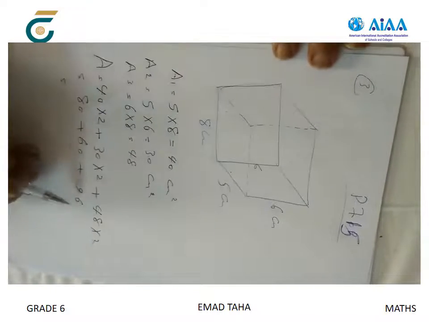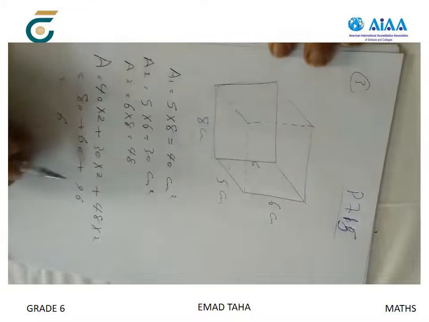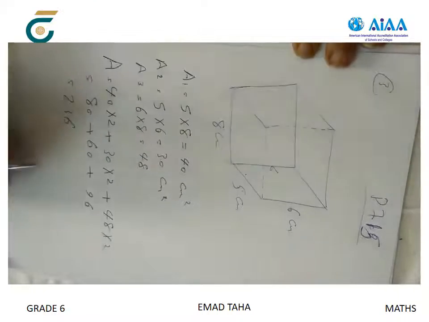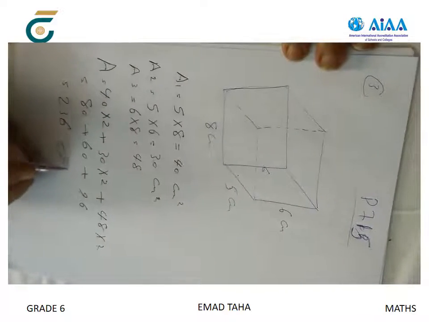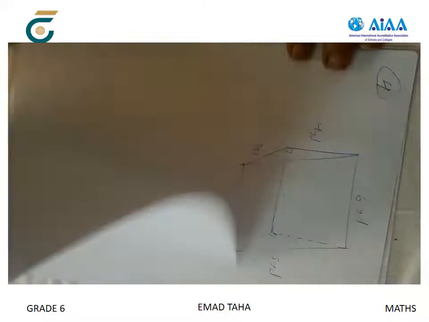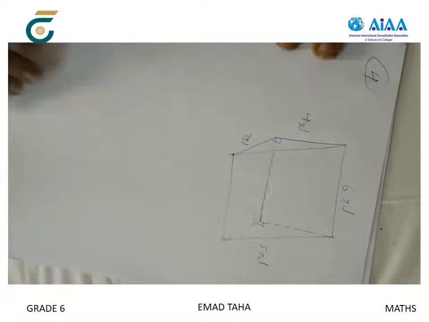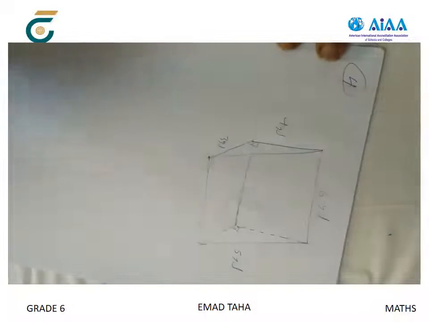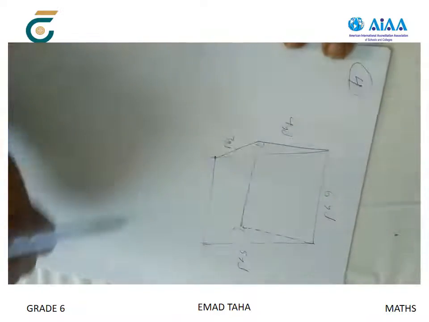Now we add: 80 plus 60 plus 96 equals 236, and the unit is square centimeters.